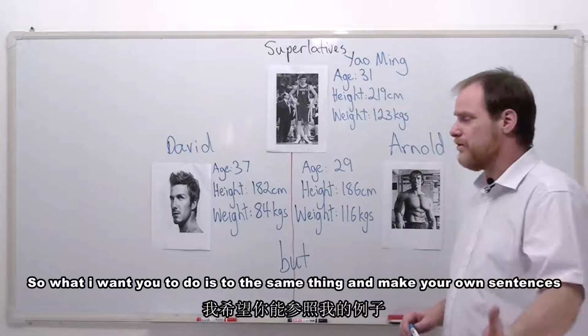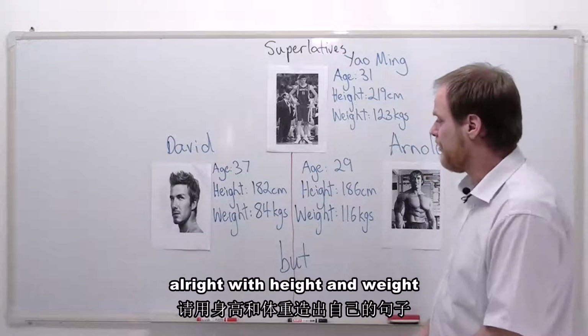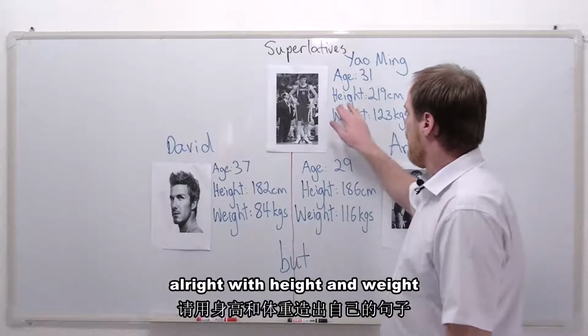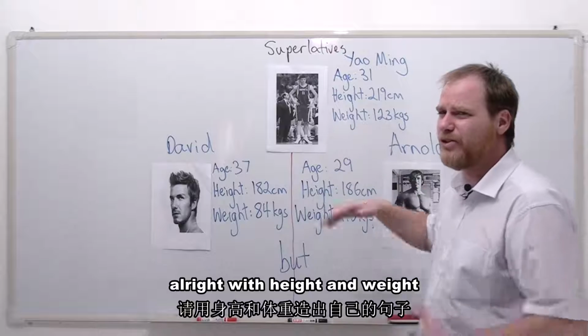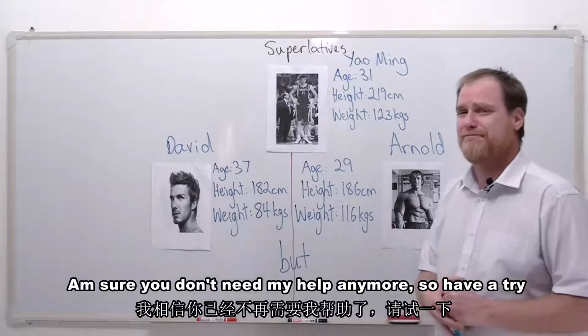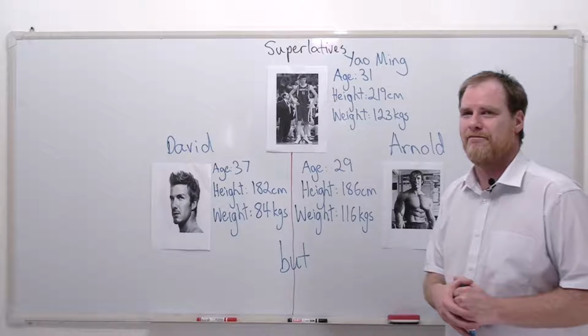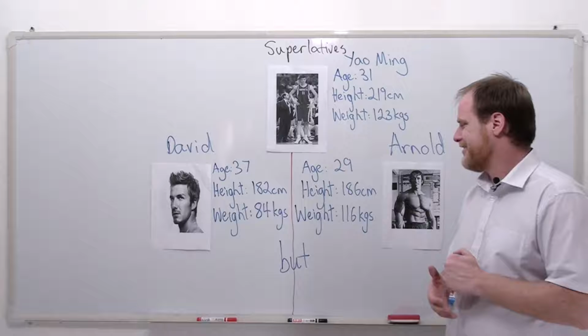So what I want you to do is do the same thing and make your own sentence with height and weight. I'm sure you don't need my help anymore. So have a try. Okay, great.